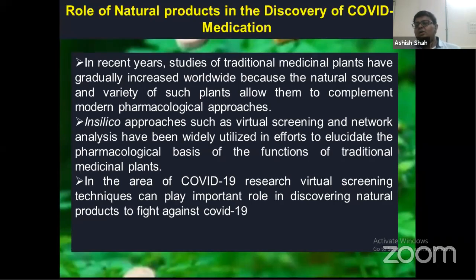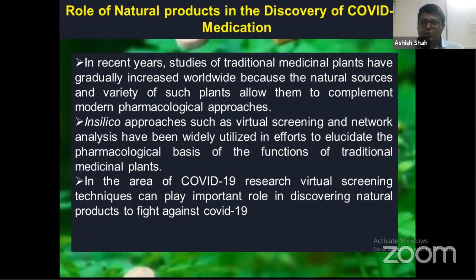Then the role of natural products. Remember, natural products give you very promising results with fewer side effects. So you can use natural products for COVID-19 medication also. How can you choose natural products? There are certain natural product databases available that you can screen, or else you can choose a particular plant which is reported, for example, to have good antiviral activity.